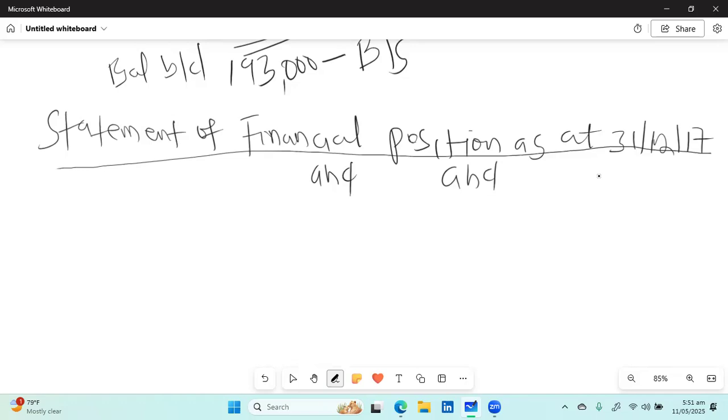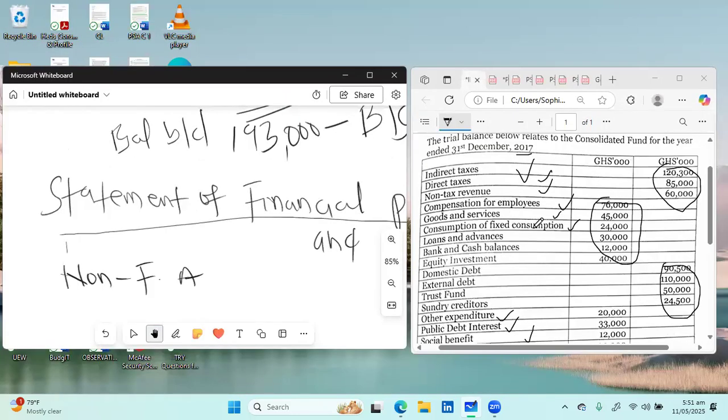So here in the public sector, the PPE element, we call it non-financial assets. If you check the trial balance, there was no item of PPE in there.